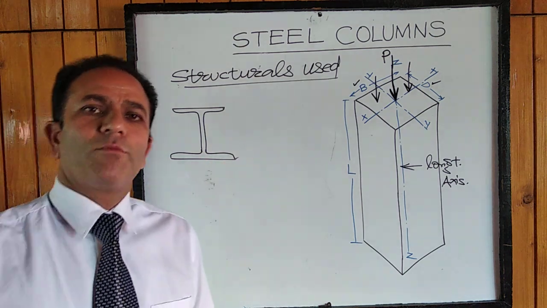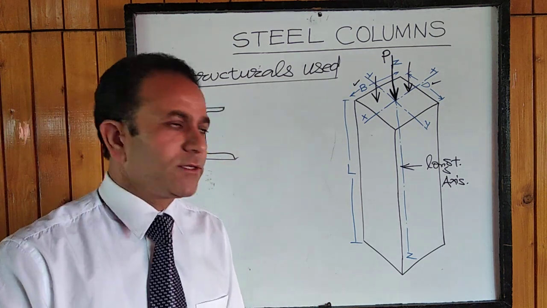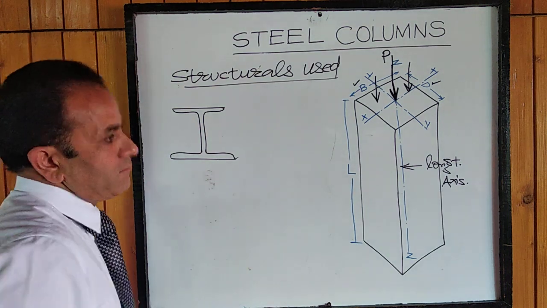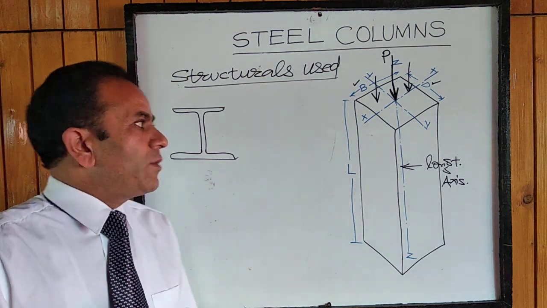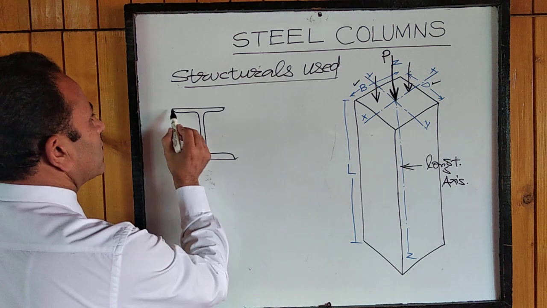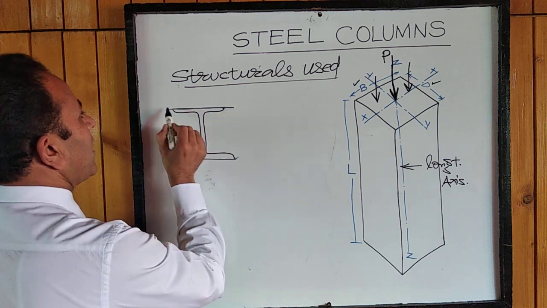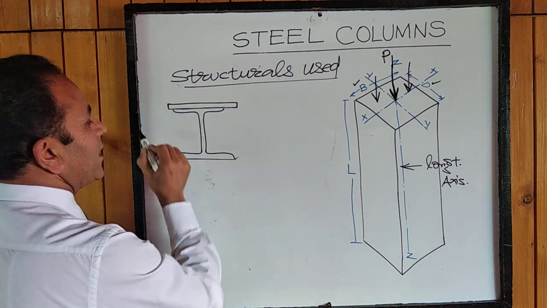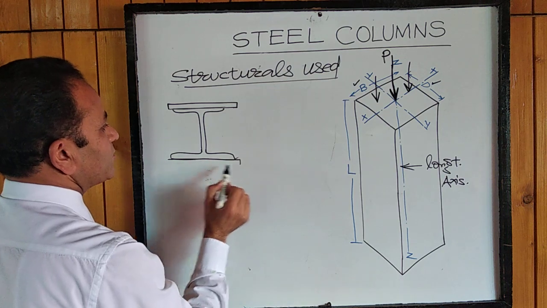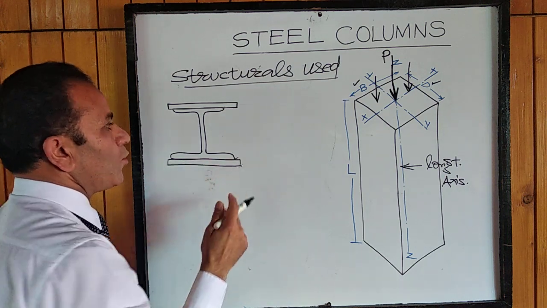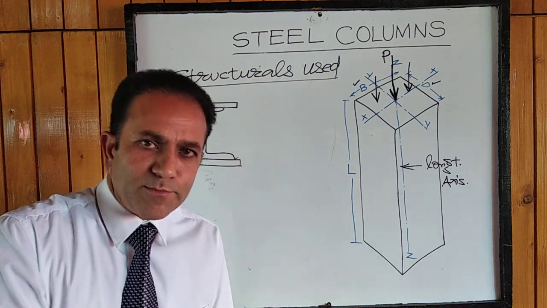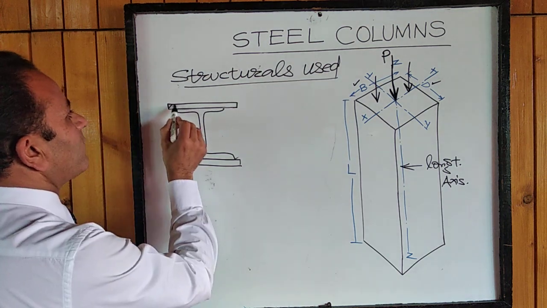We normally use joist sections or beam sections to act as a column. Then as per the need, we can strengthen its flanges with the help of a flange plate. If the area required is more, if the load to be resisted is more, we can strengthen this single joist section by flange plates also.